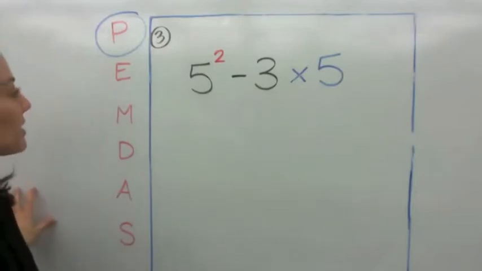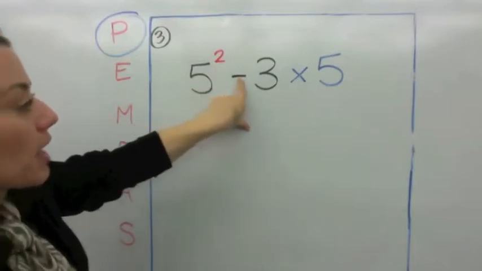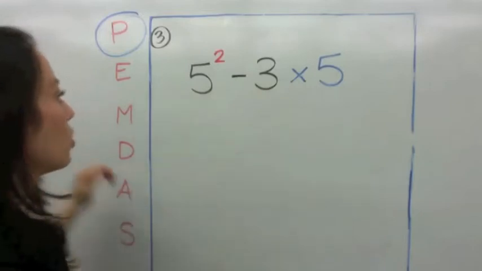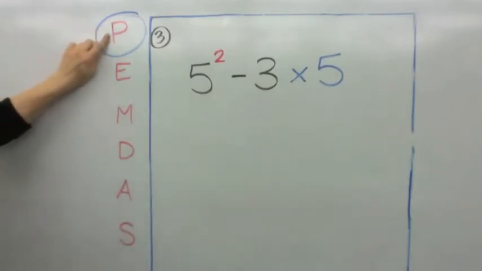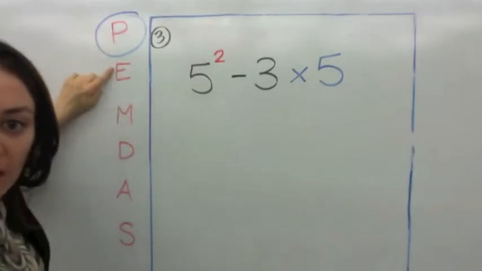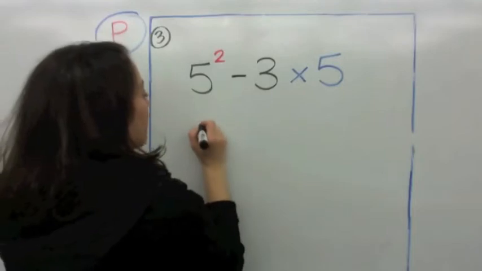All right, so let's look. What are we going to do first? We have exponents, subtraction, and multiplication. What would come first? Because we do not have parentheses. Are there parentheses here? No. So we say, okay, exponents. That's 5 squared. Remember what 5 squared is? 5 times 5.